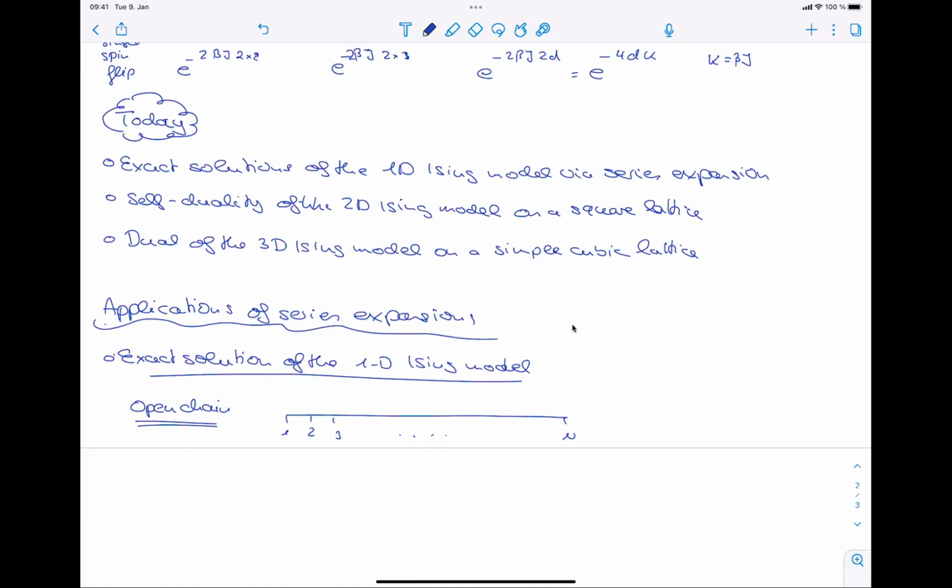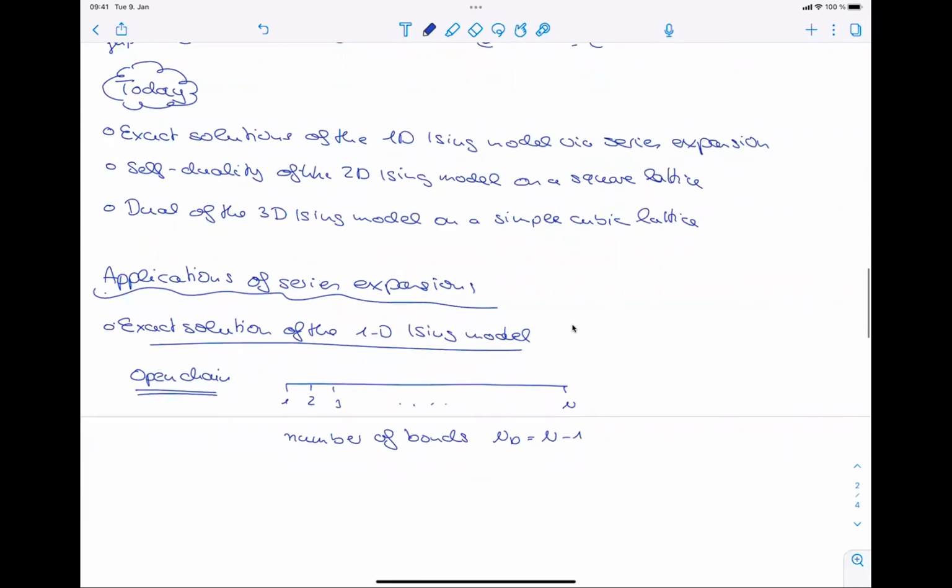So for the 1D system with an open chain, the number of bonds is N_B equals N minus 1, all of those in between. And how many loops? Yeah, none, right? How can you have a loop on a lattice if the ends are loose? There is no closed loop.